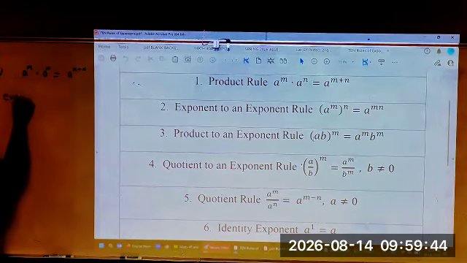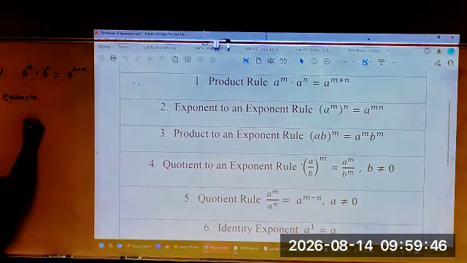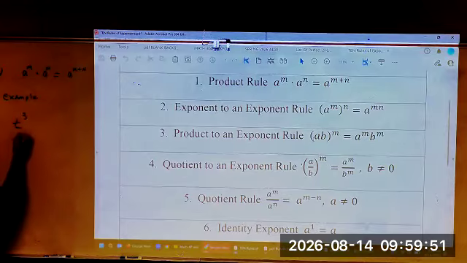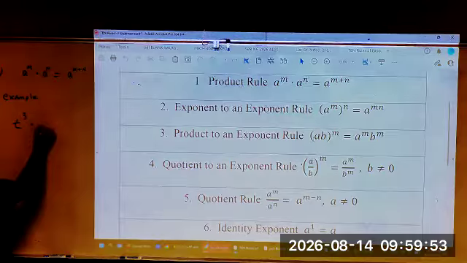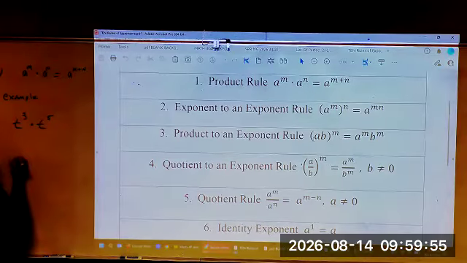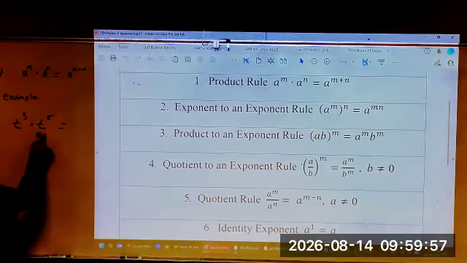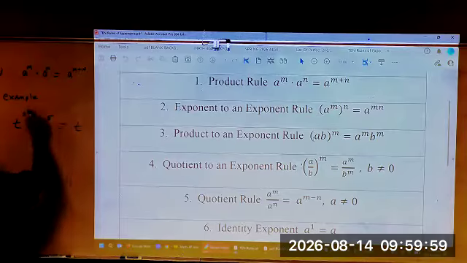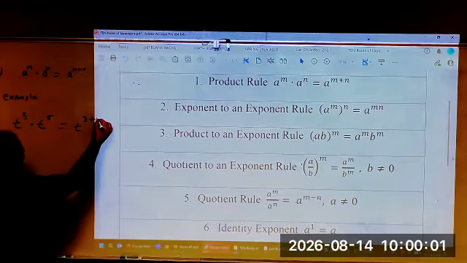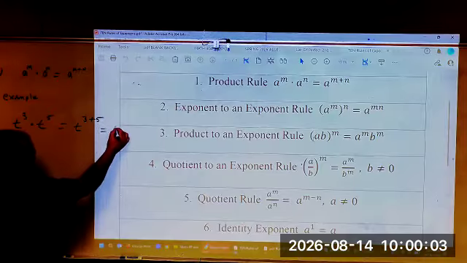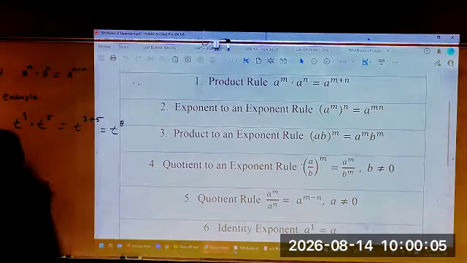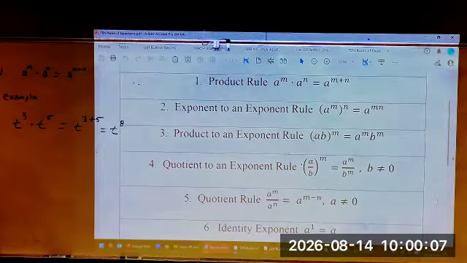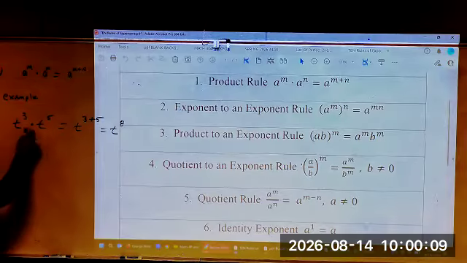As an example, if I have t to the 3rd times t to the 5th, when you multiply, you're going to take those 2 exponents and add them together and you get t to the 8th power. You multiply the bases, you add the exponents together.